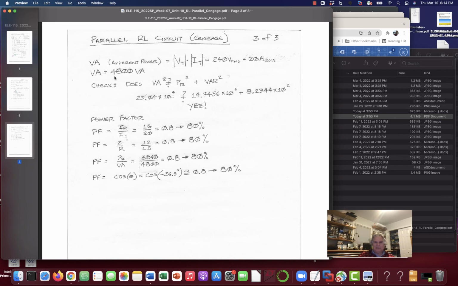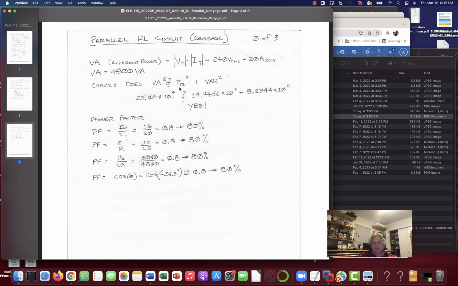You could say 4.8 kilovolt amperes. That's probably technically a better way to say it. So let's do a check here. Does VA squared equal PR squared plus VAR squared?